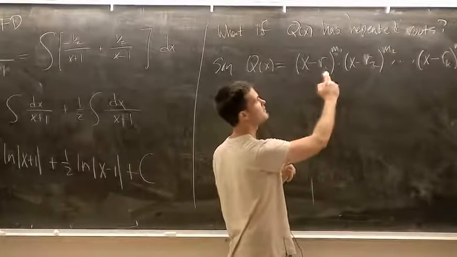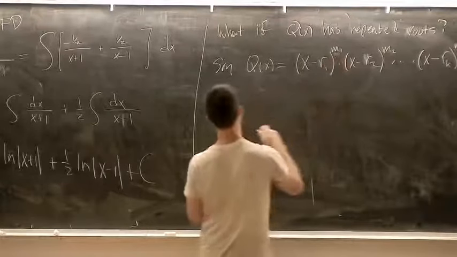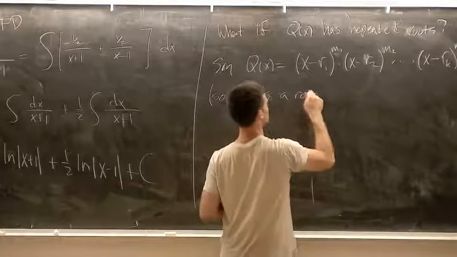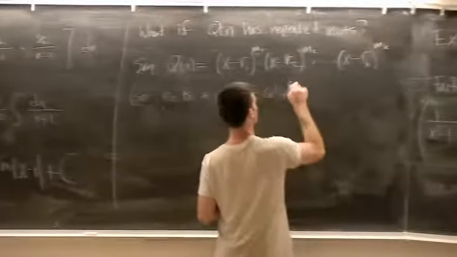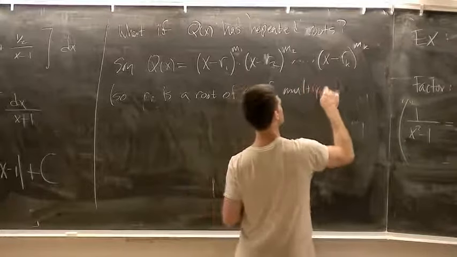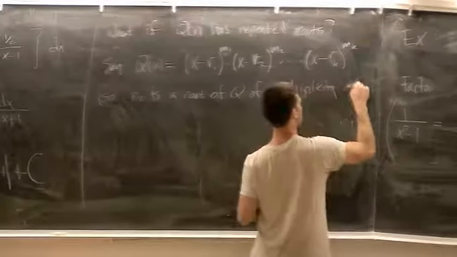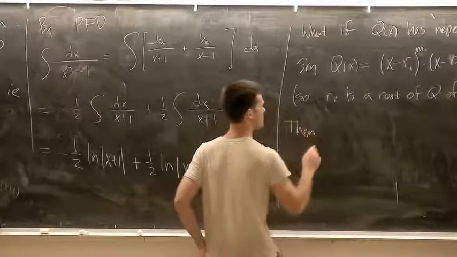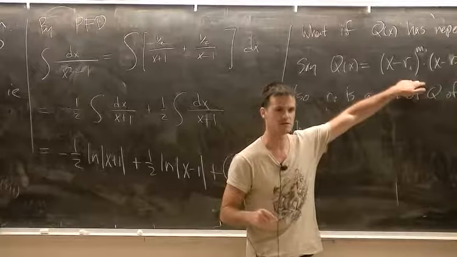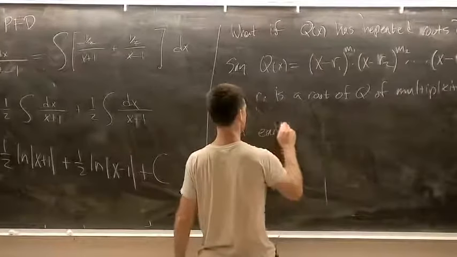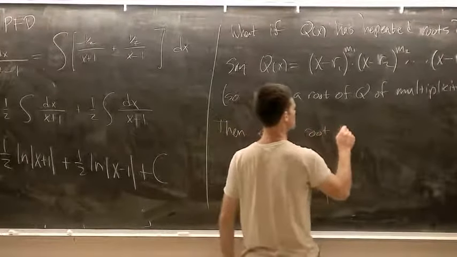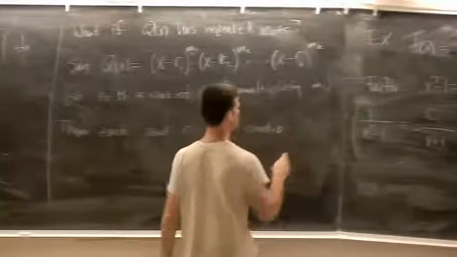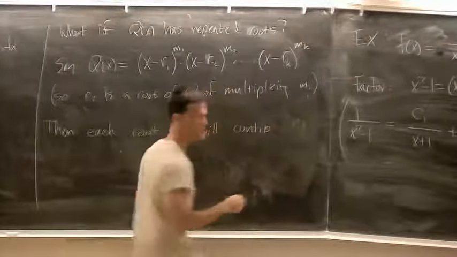So r1 has multiplicity m1, and in general ri is a root of q of multiplicity mi. Then each root ri will contribute the following sum to the partial fraction decomposition.